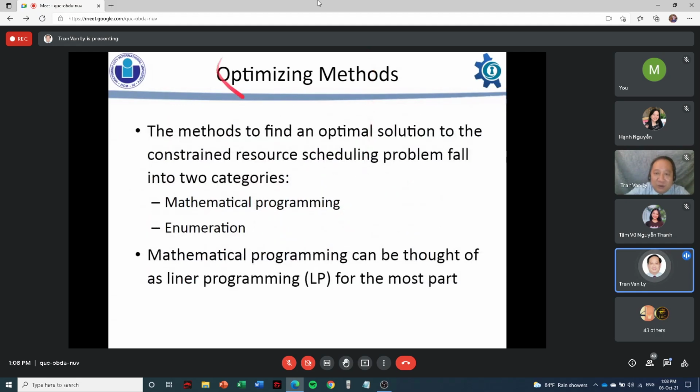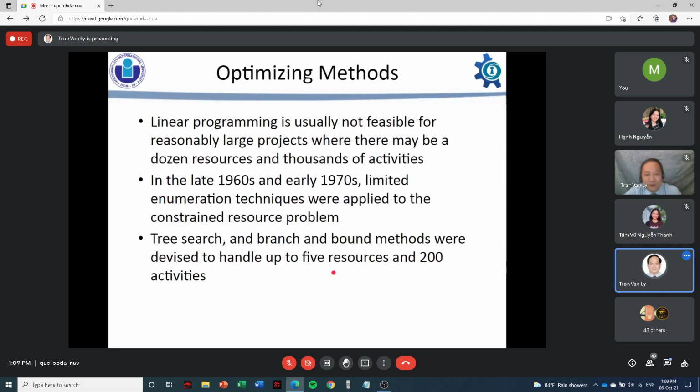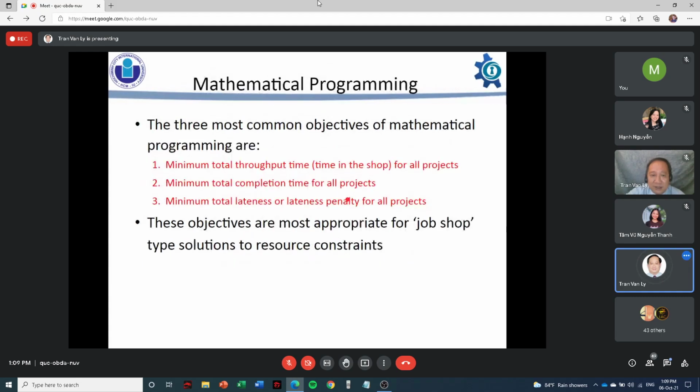This one is very familiar to you. Mathematical model, linear programming, I can show you, especially for those who study OR1, multi-objective decision making, and scheduling, sequencing.